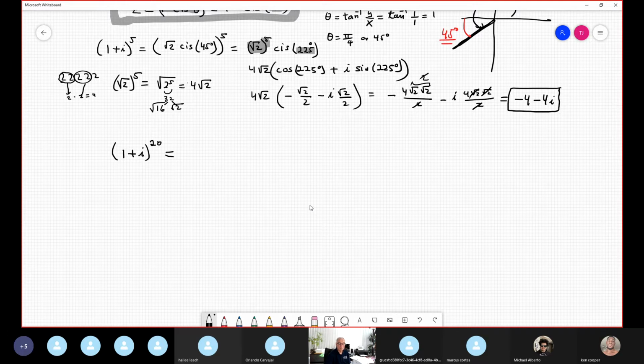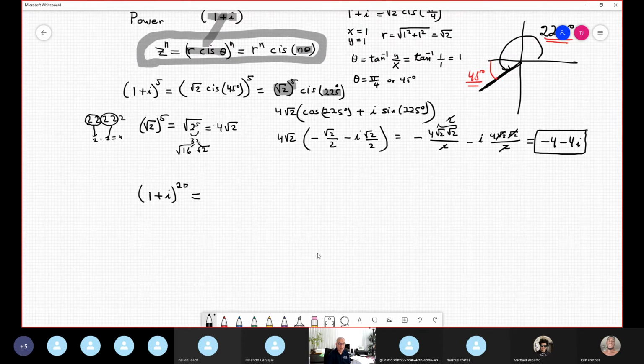However, if you apply the formula, you know very well that this complex number is radical 2 times cosine plus i sine of 45 degrees or pi over 4, either way you want, raised to the 20th power. The student can prefer degrees or radians.